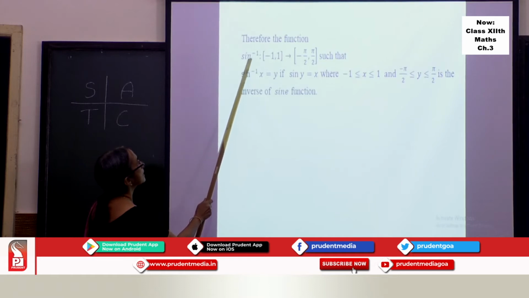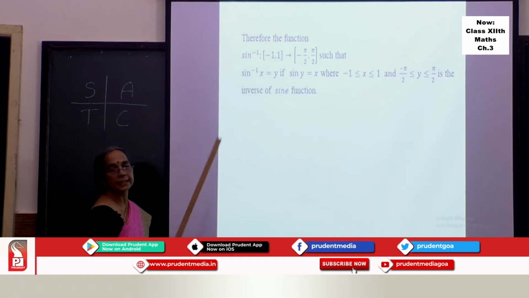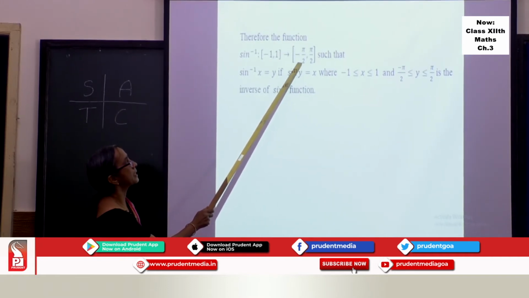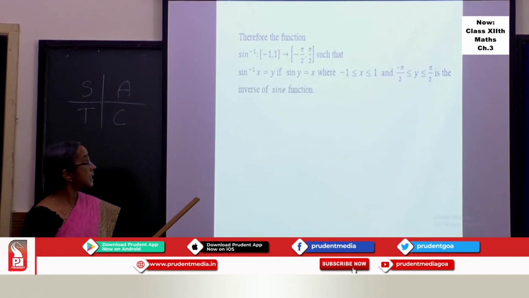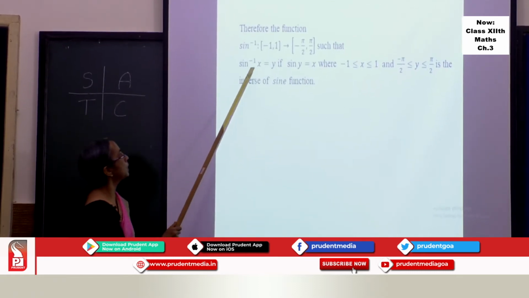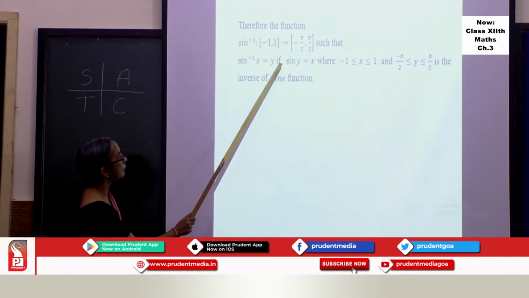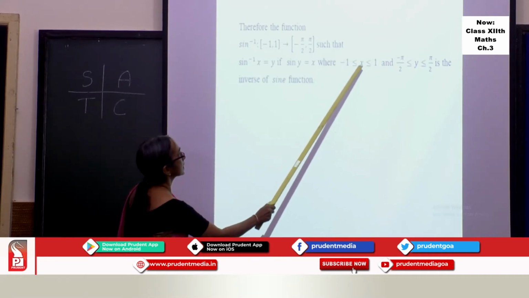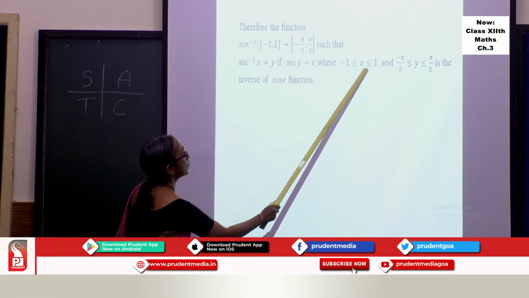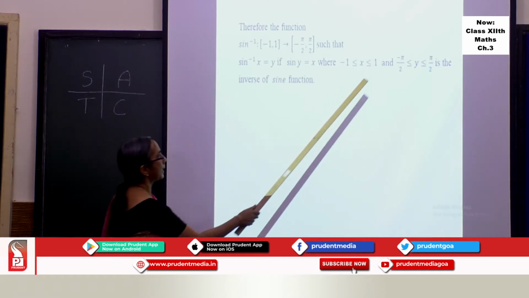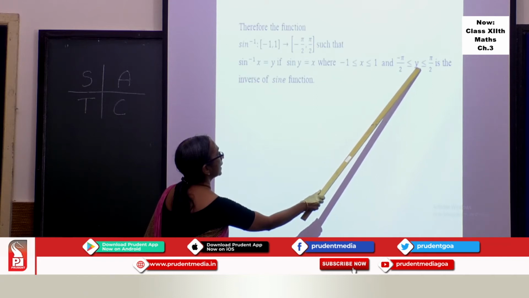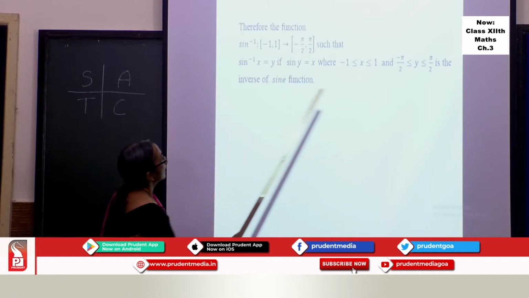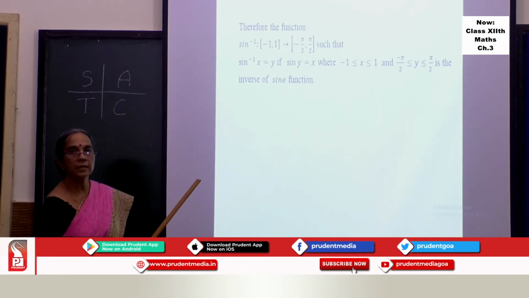Similarly, sine inverse is a function from the closed interval minus 1 to 1 to the closed interval minus pi by 2 to pi by 2, such that sine inverse of x is equal to y if sin y is equal to x, where x is between minus 1 and 1 including minus 1 and 1, and minus pi by 2 is less than or equal to y less than or equal to pi by 2, means y is in this set. This is the inverse of the sine function.